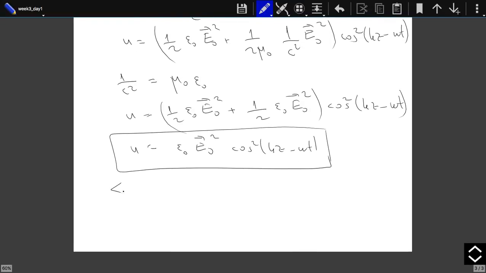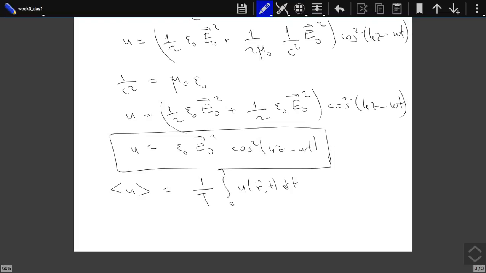But what you can measure is the average energy density, which is defined as 1 over T, integral from 0 to T of U. It depends on r and t. Yeah, it's the time average. So you are measuring the energy flow over here. As time passes, this electromagnetic wave is moving through that point. And during that time, the energy density also oscillates very fast, so your device will just measure the average value at that point.